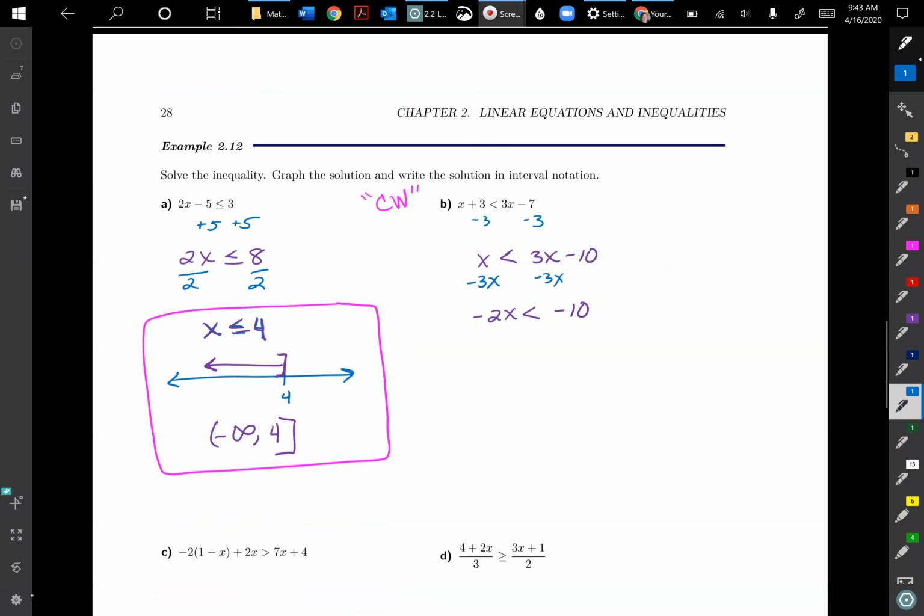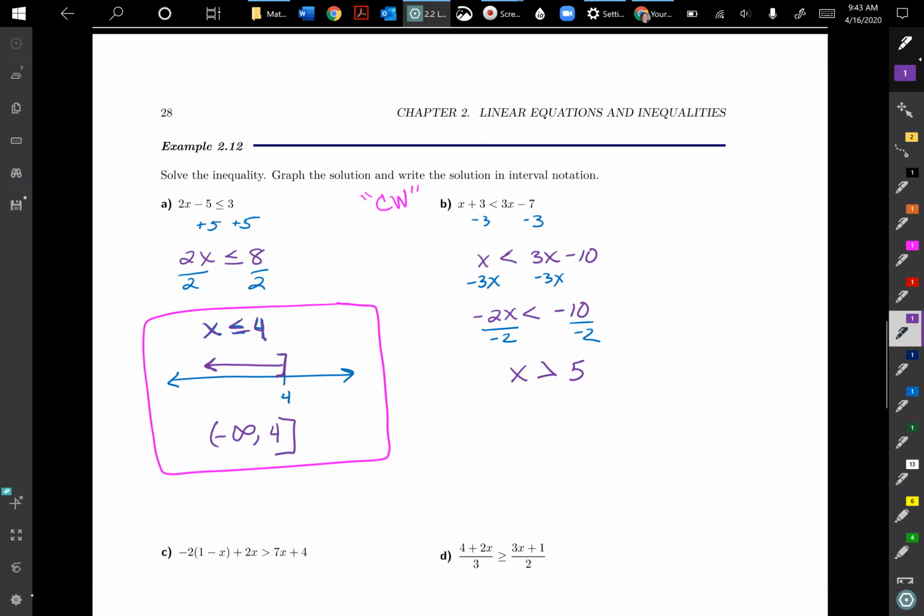Okay, so I've mostly solved this one out. We're going to first subtract 3 from both sides. Then I get x less than 3x minus 10. Then subtract 3x from both sides. And then I get negative 2x less than negative 10. So here's where I'm going to divide both sides by negative 2. And then I want to be real careful here that x is greater than, that's when I switch the inequality, positive 5.